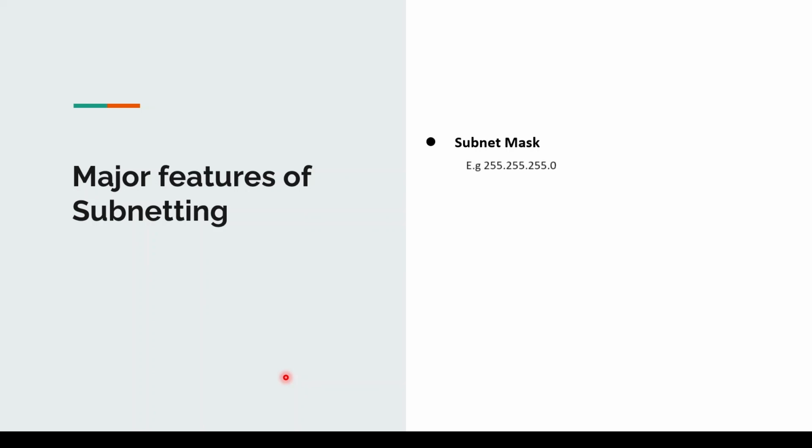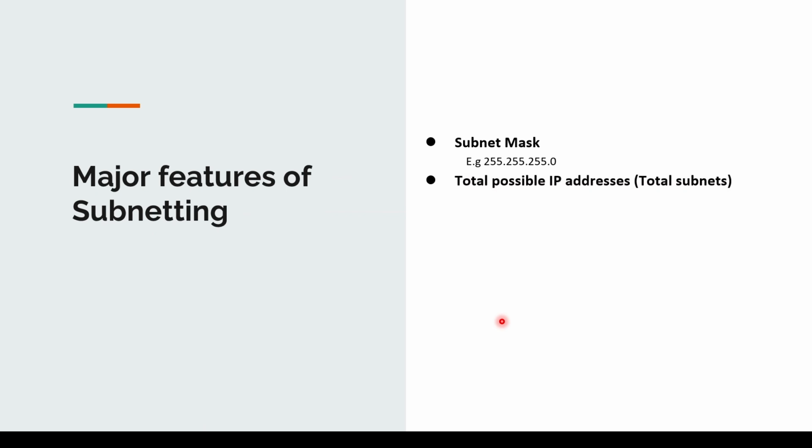For example, you have an example here, 255.255.255.0. In this particular example, the first 24 bits are reserved for the network, while the remaining 8 bits are reserved for the host addresses.